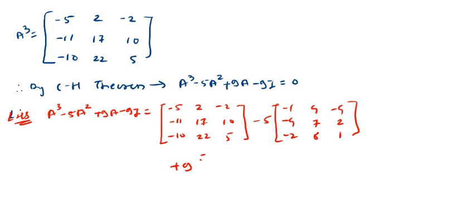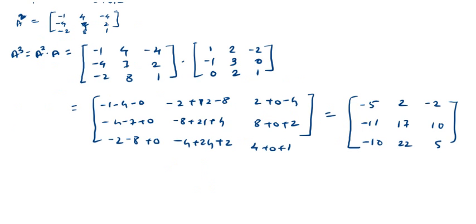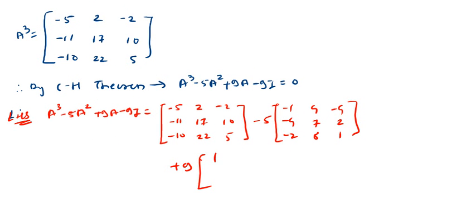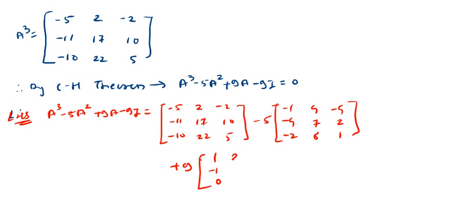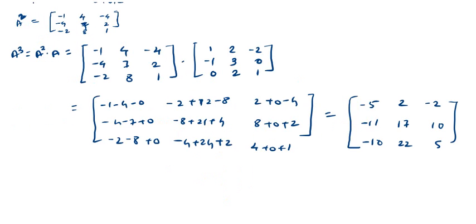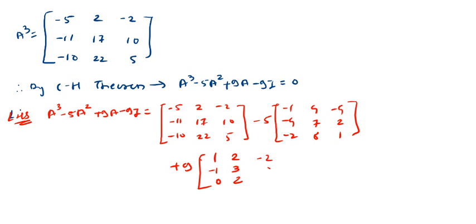Now what is A? A is 1 minus 1 0, 2 3 2, then minus 2 0 1.